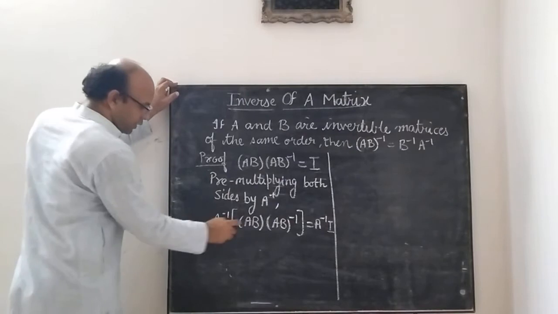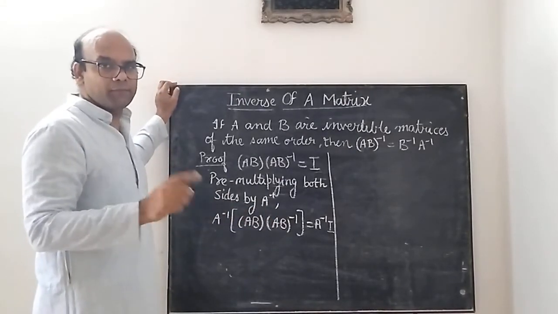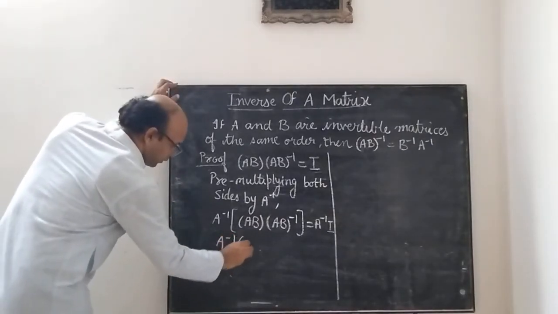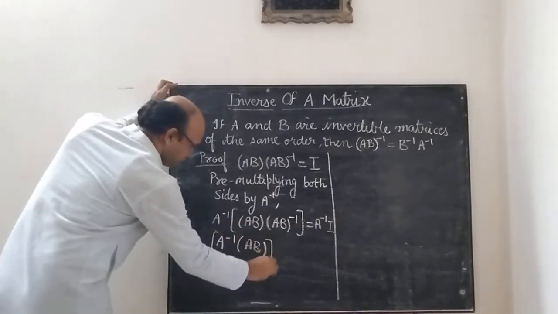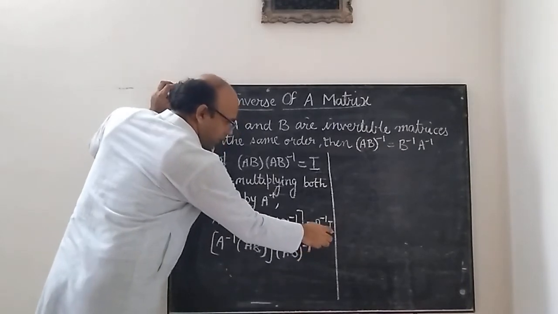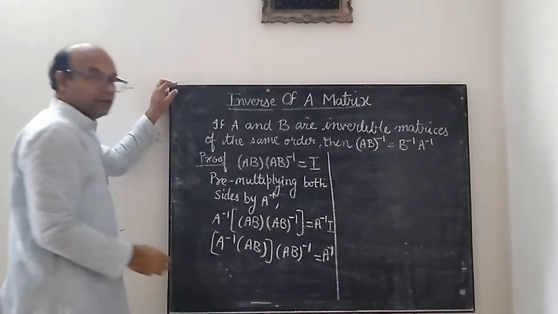Now we have three matrices. We apply the associative law. On applying it, we take these two as one pair and AB inverse is left out. Now whenever you multiply a matrix by the identity matrix, it preserves the identity, and so we have A inverse over here.